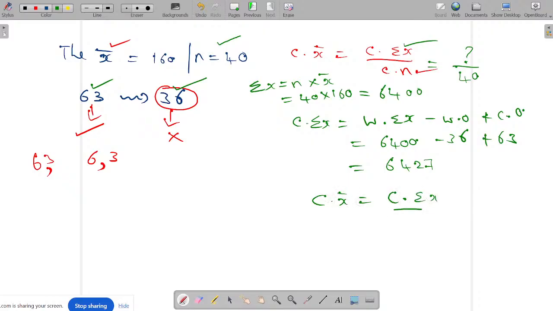Correct summation x by correct n, which is 6427 divided by 40. Can I get the value, please? 160. Okay, a small difference only, but still it's the wrong one, right? So this is how I can use property 1. If you want, you can make a note of it, please.